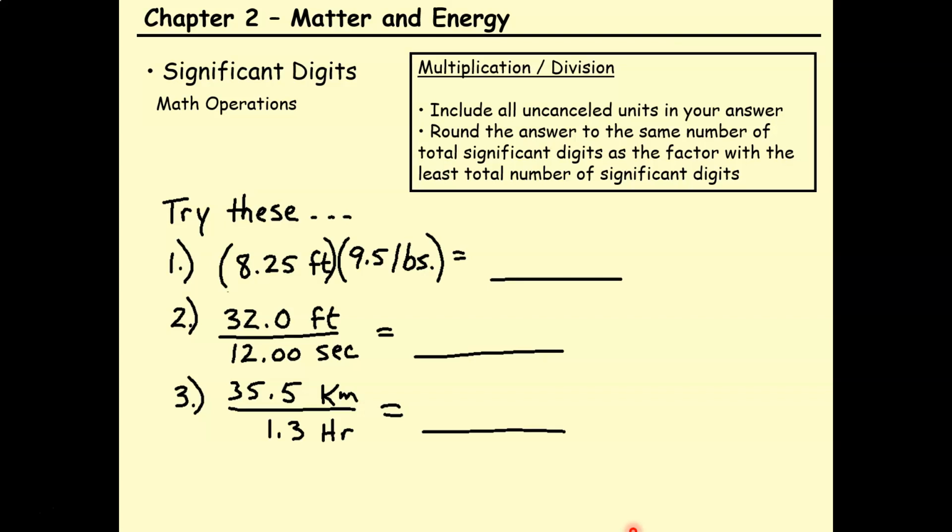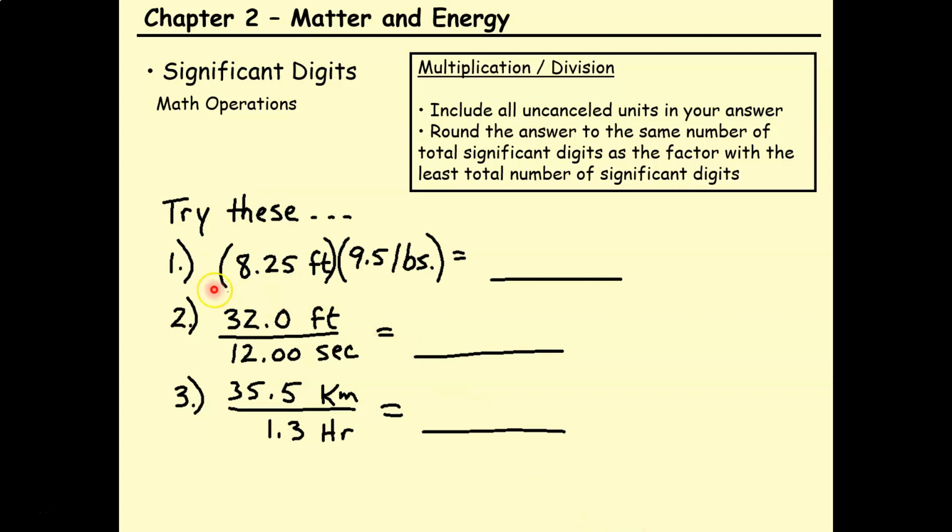First, if you have units like feet, pounds, kilometers, hours, that kind of thing, you got to put that with the answer. You can't add feet and pounds, but you can multiply feet times pounds. If you take feet times pounds, you end up with a unit called a foot pound. And that is how you measure energy in the English system.